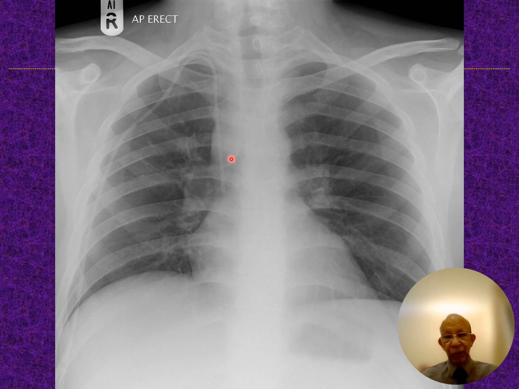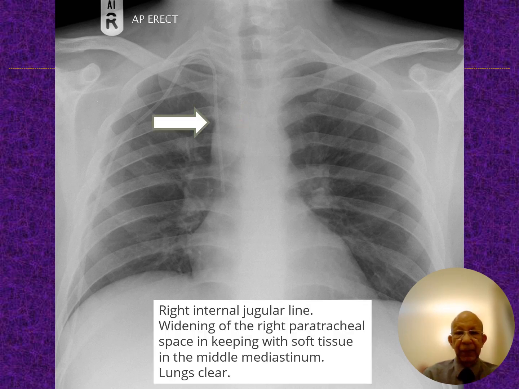So the broken rule is that the 3 millimeter right paratracheal shadow here is actually more. So widening of the right paratracheal space in keeping with the soft tissue in the middle mediastinum, right? And this is probably lymphadenopathy, right paratracheal lymphadenopathy.